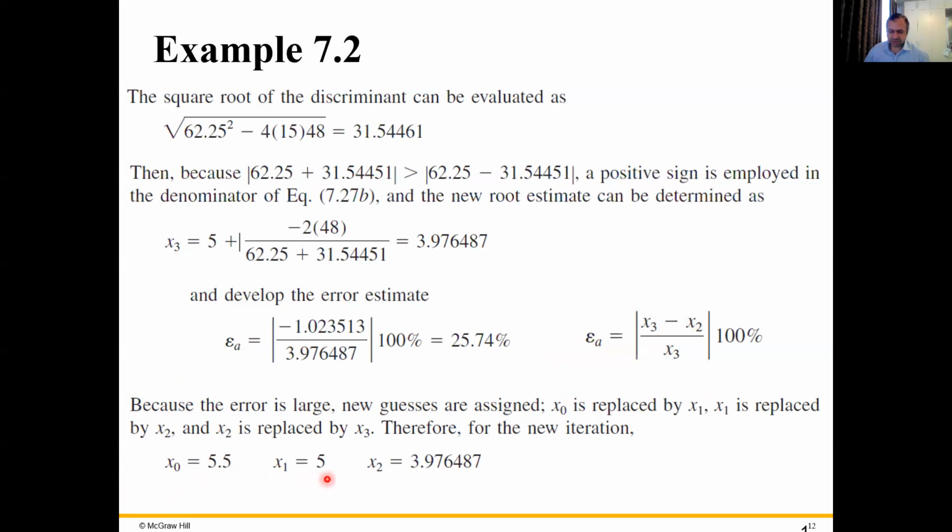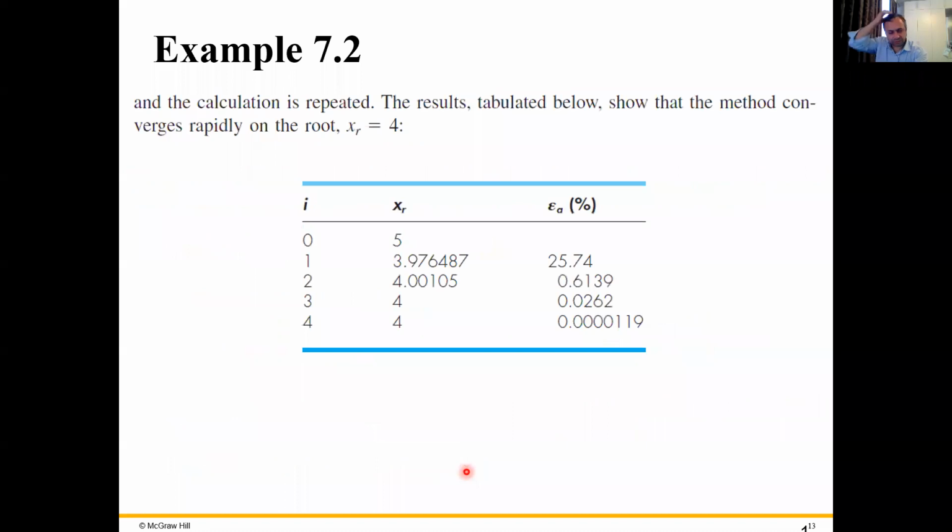And the value of x2 in the previous iteration will now become the value of x1 in the current iteration. And the calculated value over here, 3.97, x3, will now become the value x2 in the next iteration. So in the next iteration, we will use these three values, and then you will repeat the process.